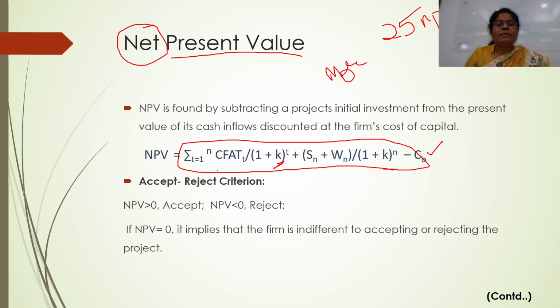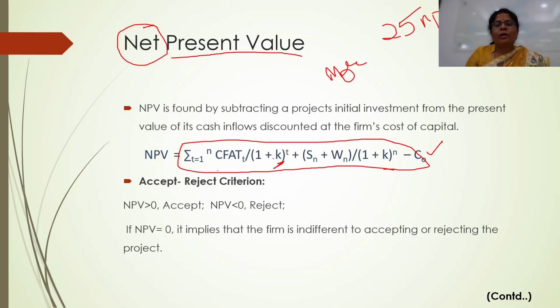The cash flows for the first year will be discounted at the first year rate, the second year at the second year rate, the third year at the third year rate, and so on till the end of the maturity of the project. Throughout the life of the project, whatever cash inflows we receive will be discounted at a certain rate, and then the total will be taken.